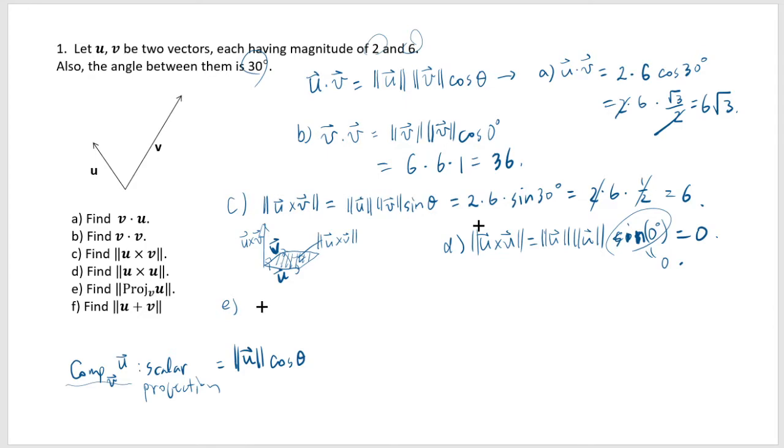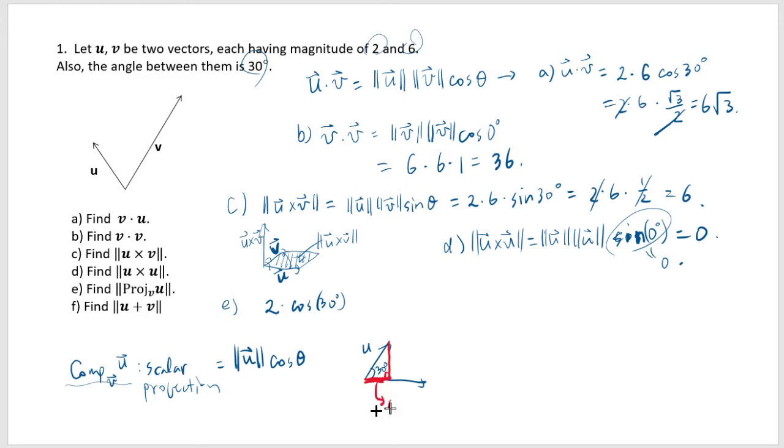So you want the norm of u, which is 2, times the cosine of 30 degrees. And to understand what this really means, this is what it means. You have 30 degrees, and what you're trying to do is to come up with this projection, meaning that you draw a perpendicular line and you're looking for this length.